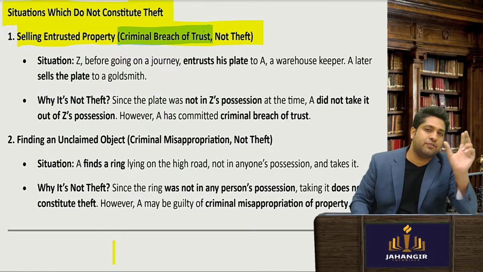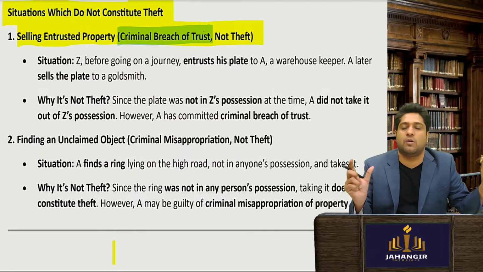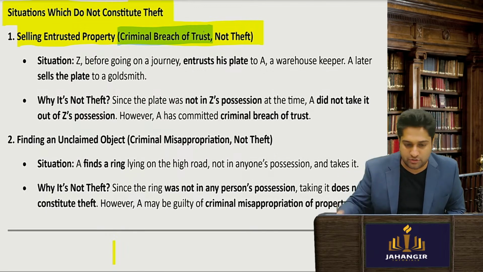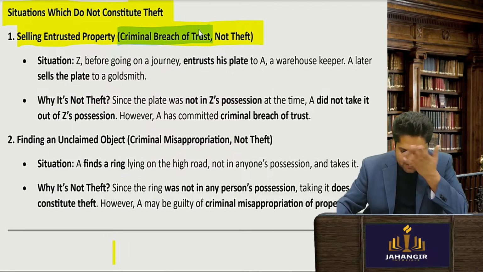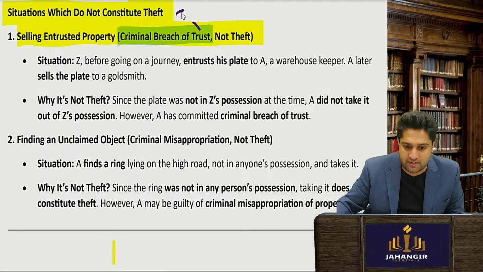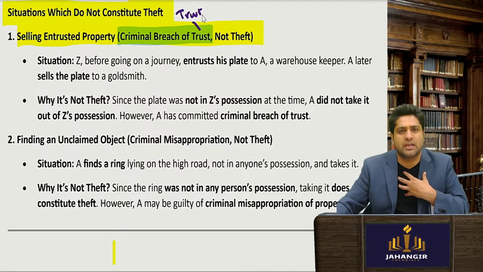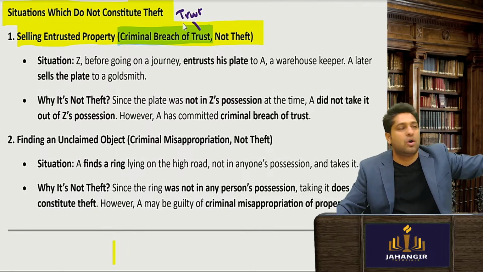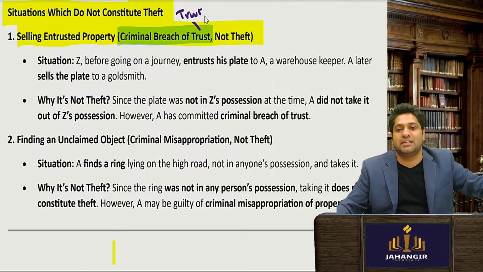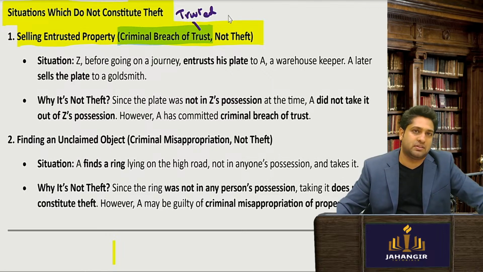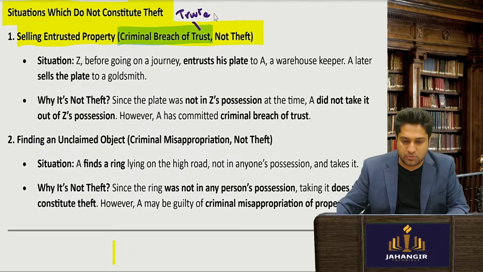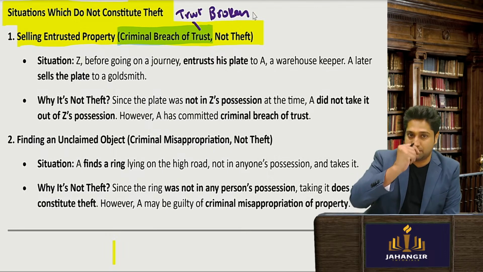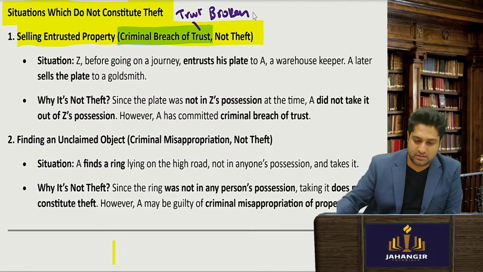So obviously if you are falling under criminal breach of trust, it will not be theft. Now what is criminal breach of trust? First, there was a trust given. There was a trust given to my agent or to my servant or to my brother. So I trusted the guy. So there was a trust. So the trust was broken. Trust was broken. So when theft was done by a trusted person, it comes under criminal breach of trust.